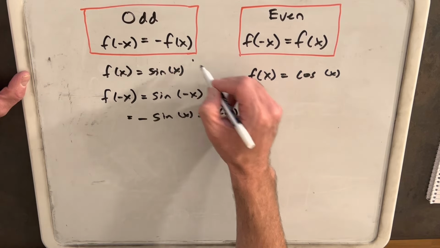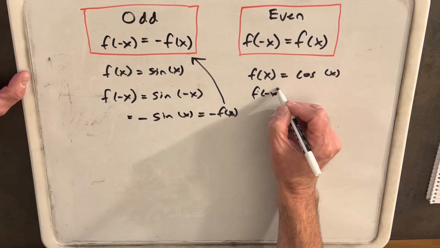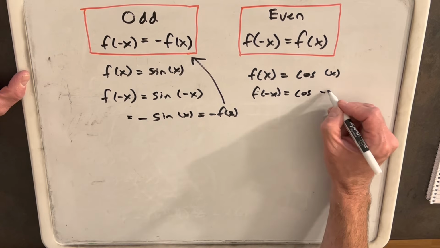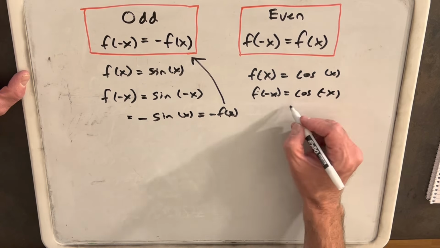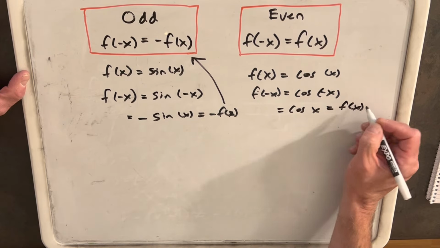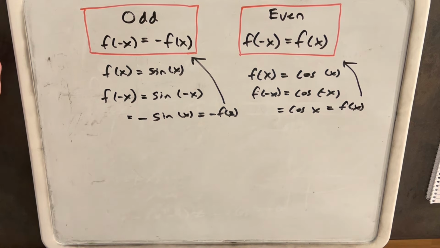So that's odd. Then here, for cosine, if we have cosine of minus x, this is actually the same thing as cosine of x, which is f of x. So this is even.